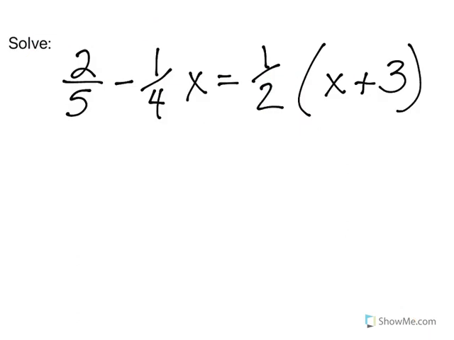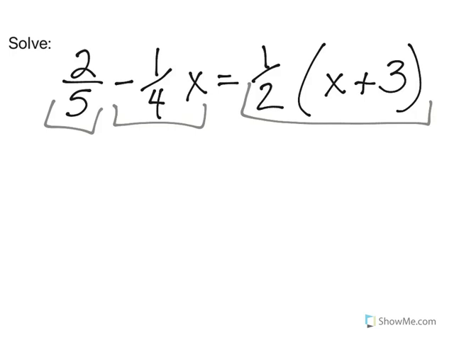All right, let's do another one. 2/5 minus 1/4 x equals 1/2 times the quantity x plus 3. Now, there are 2 ways you can do this. One is just like we did before, is recognize 2/5 is a term. -1/4 x is a term. And 1/2 times x plus 3 is a term.